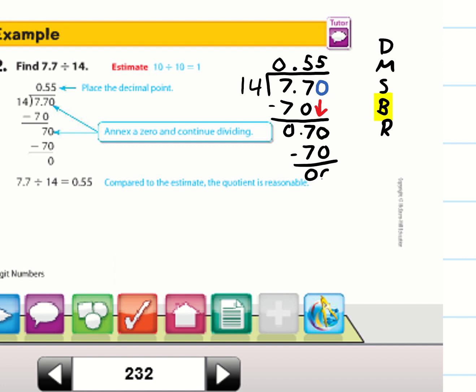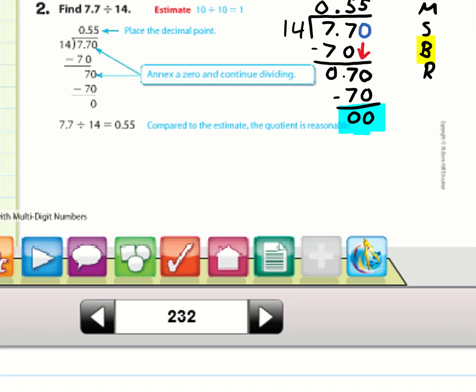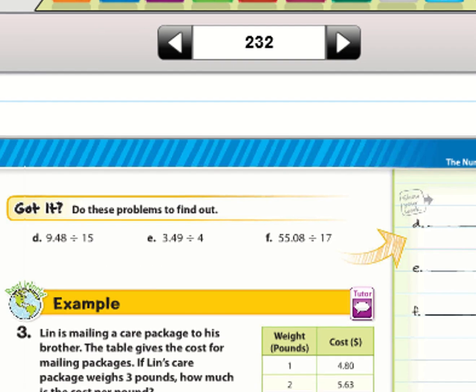Subtract. Now we have 0. Now that we have 0 here, that means our answer is complete. So I'm just going to stop right there. So our answer should be 55 hundredths. In a case where we still have remainders, we'll go over that in a bit.